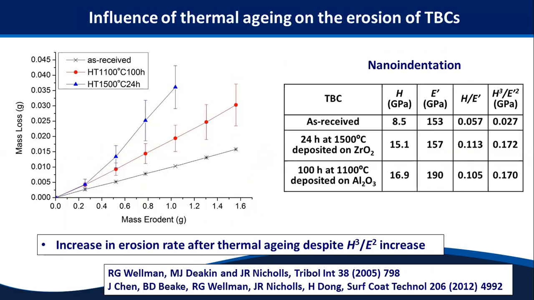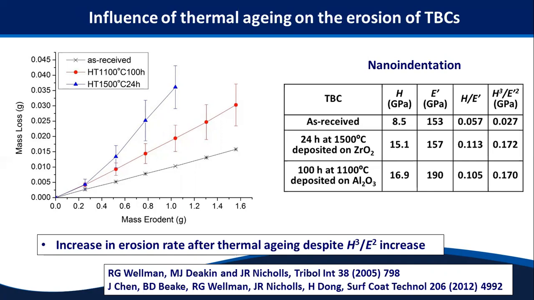On the left, you can see the results from an erosion test, and the as-received yttria stabilized zirconia TBC has reasonable erosion resistance, but after thermal aging, the erosion resistance goes down. And you wouldn't necessarily predict that from the indentation test data.